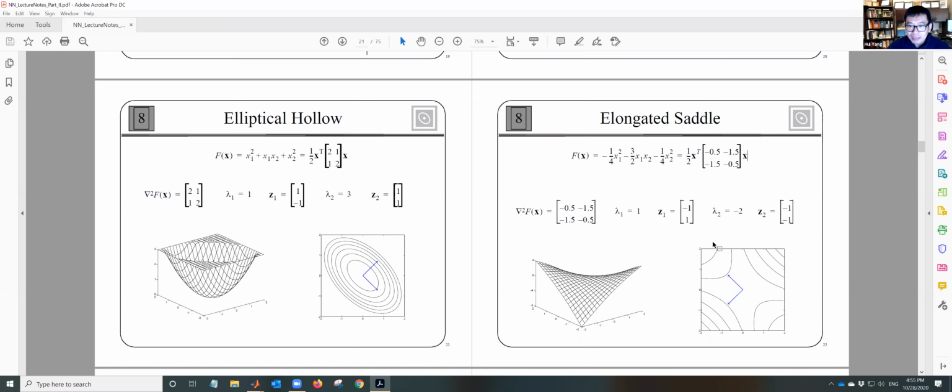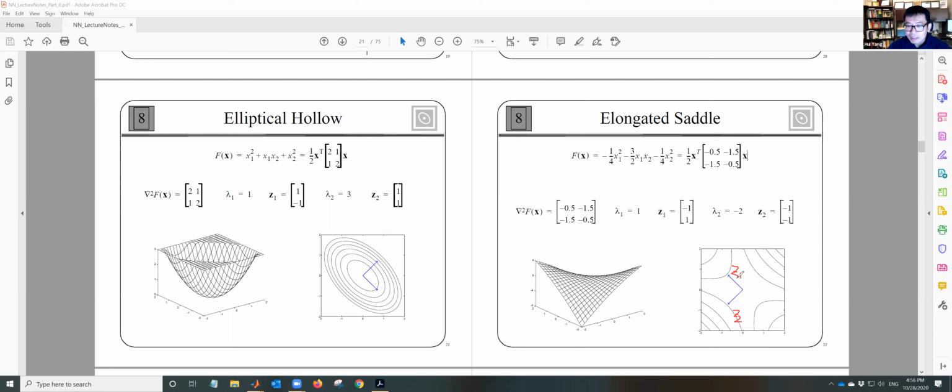Z1 is (-1, 1), right? And this is Z2, (-1, -1). Excellent. So this one is Z2, right? You are saying this one is Z1, correct? This one is Z2.